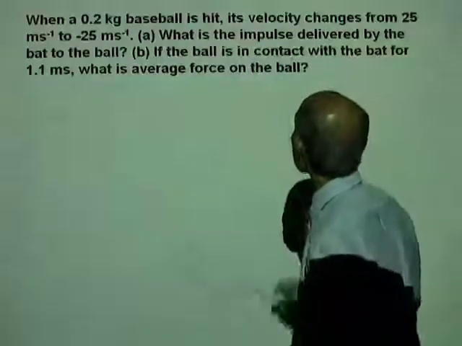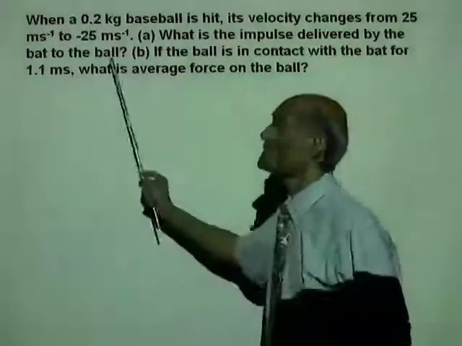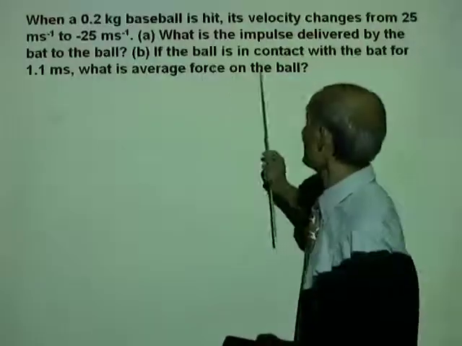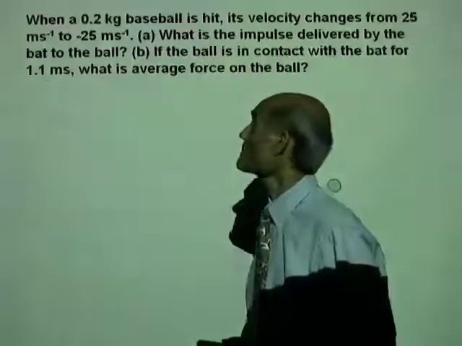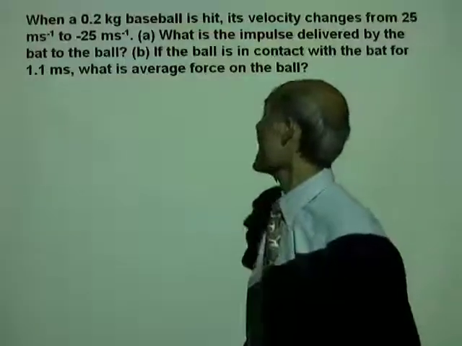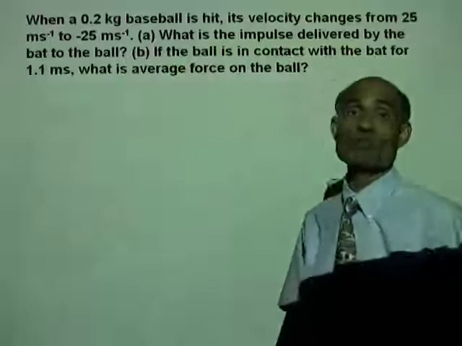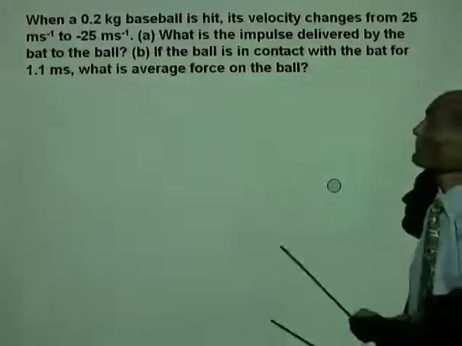What is the impulse delivered by the bat to the ball? If the ball is in contact with the bat for 1.1 milliseconds, what is the average force on the ball?